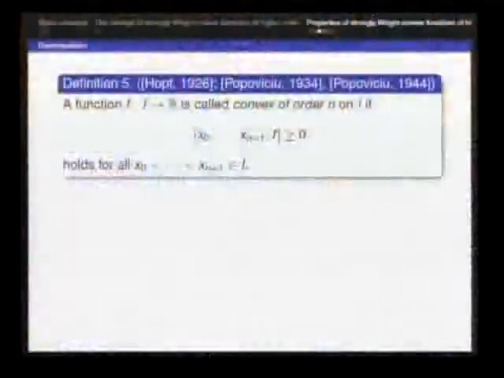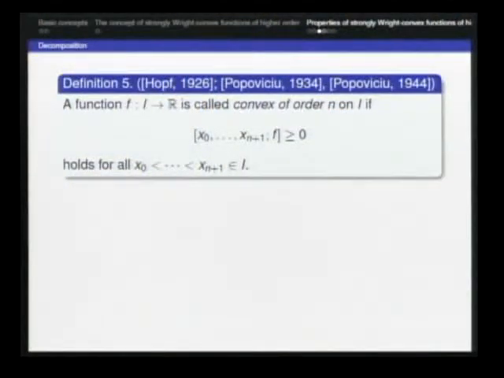This definition was given by Hopf in '26 and later on by Popoviciu in '34 and '44. A real valued function defined on an interval I is said to be convex of order n if it satisfies this inequality, where we consider on the left-hand side, again, the divided difference of the function f based on the points x0 and so on, x_{n+1}.